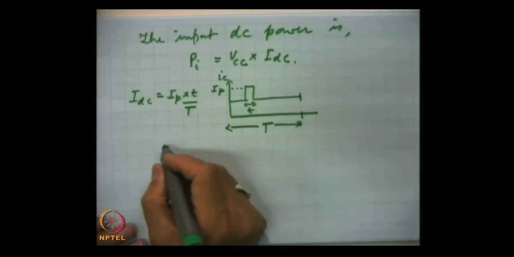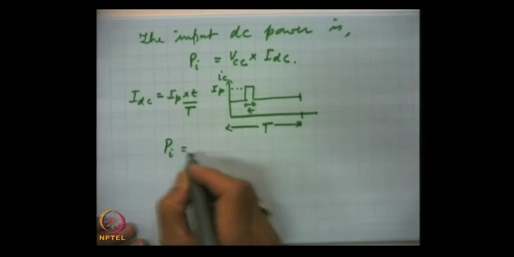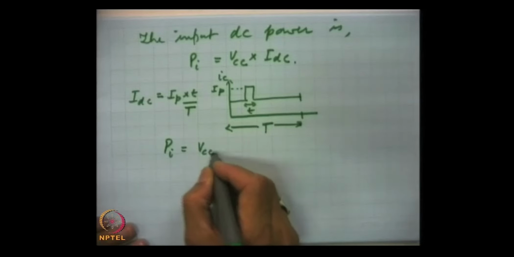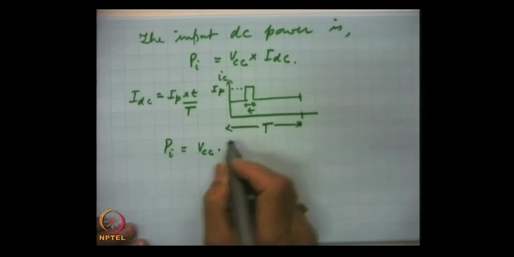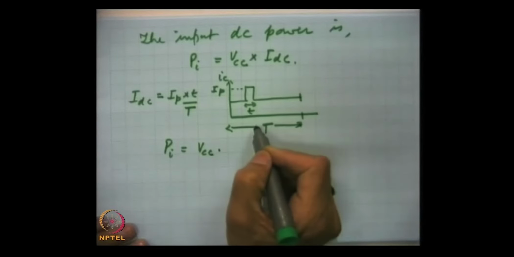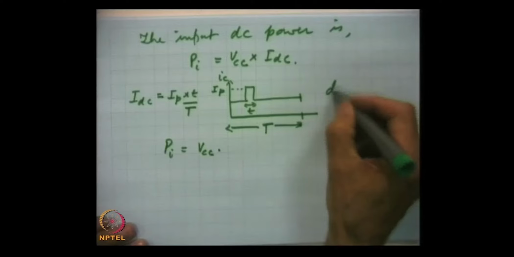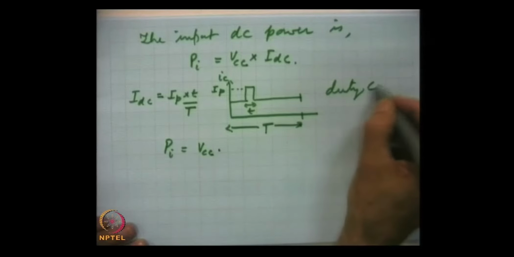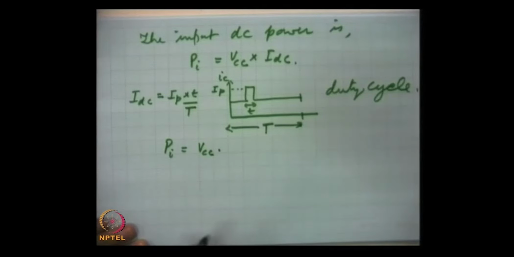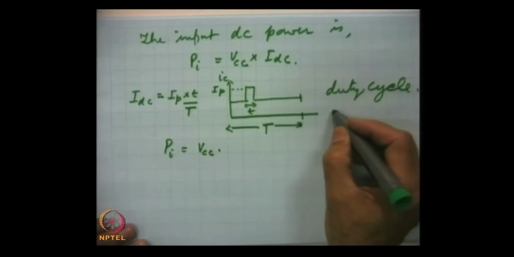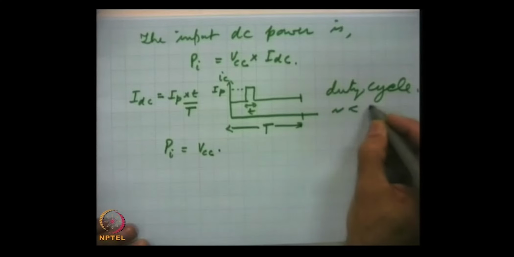So, the input power PI becomes VDC into IP t by T. This is actually many times talked about in terms of duty cycle, and for good, efficient operation, duty cycles are around or less than 10%.